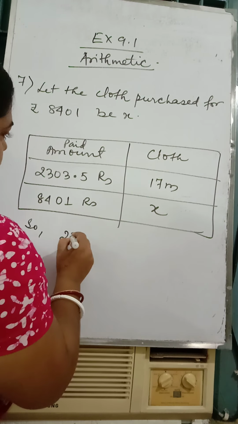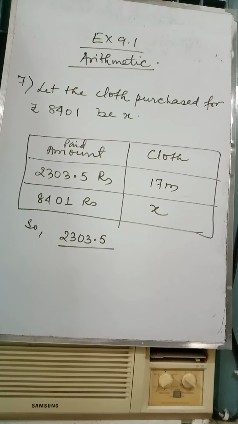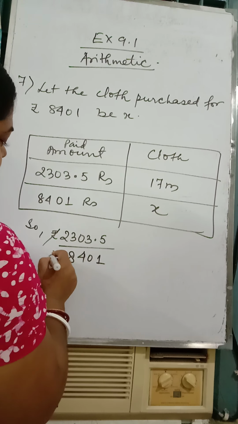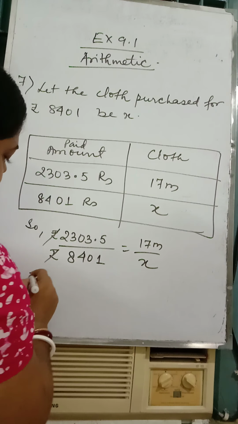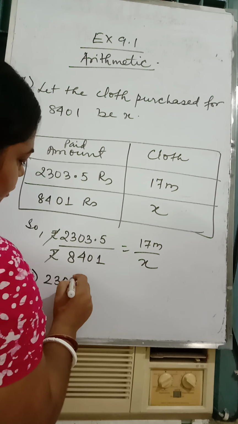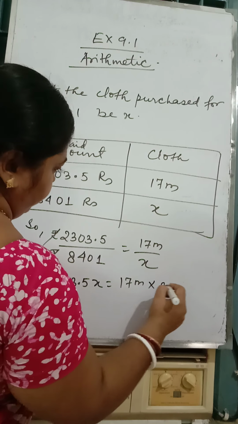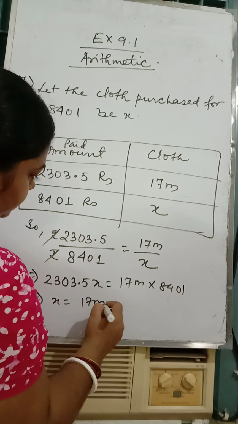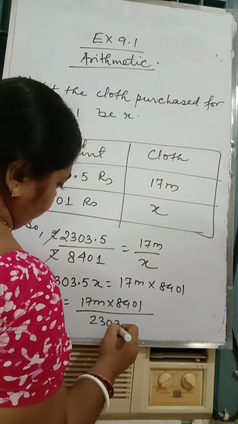So 2303.5 by 8401. Both were rupees, so rupees cancel. Is equal to 17 meters by X. Now what does it give you, my dear? 2303.5x is equal to 17 meters into 8401, or X is equal to 17 meters into 8401 by 2303.5.